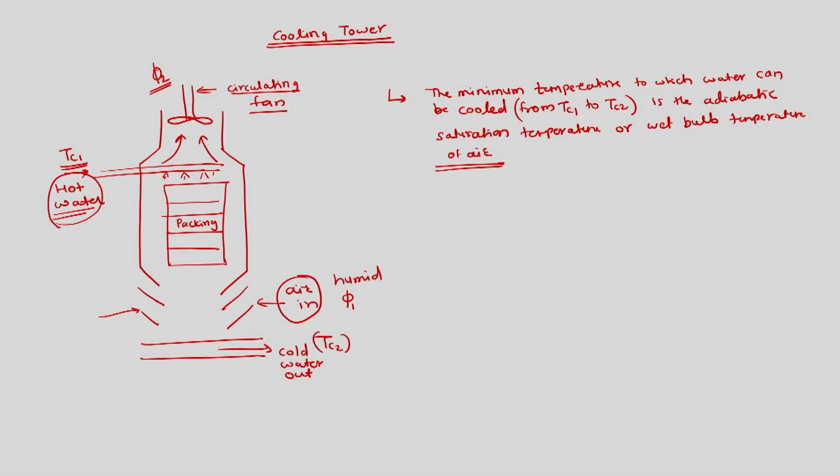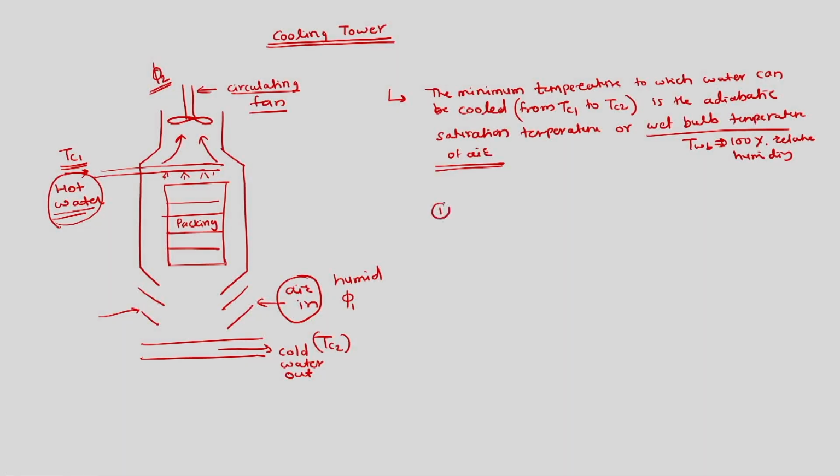So in this process we are cooling the water, but we cannot cool the water if phi 2 becomes 1. So this is the wet bulb temperature. This point is important, that at this wet bulb temperature we are having 100% relative humidity. So we cannot cool beyond this.